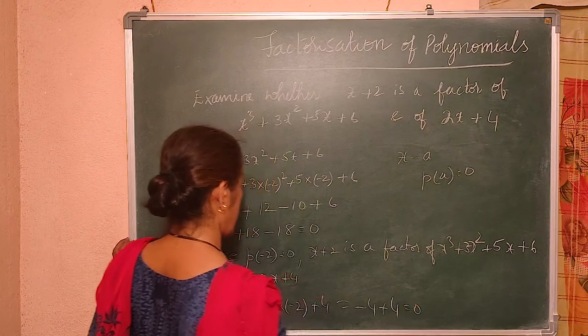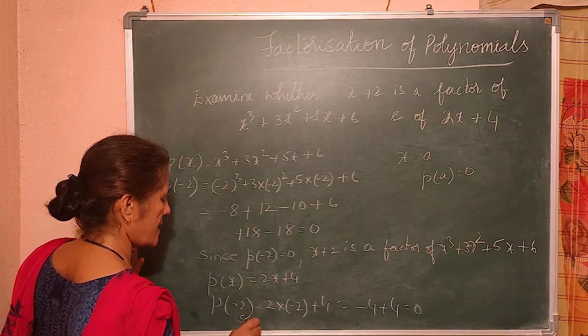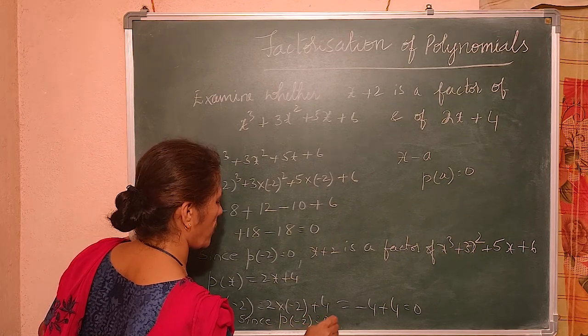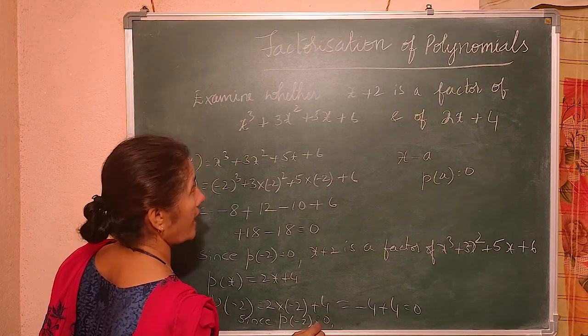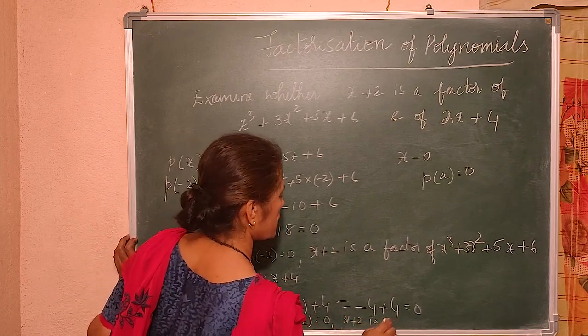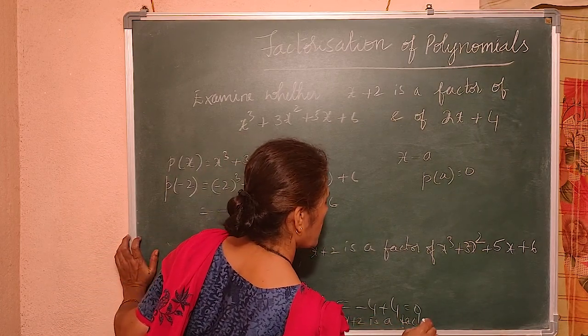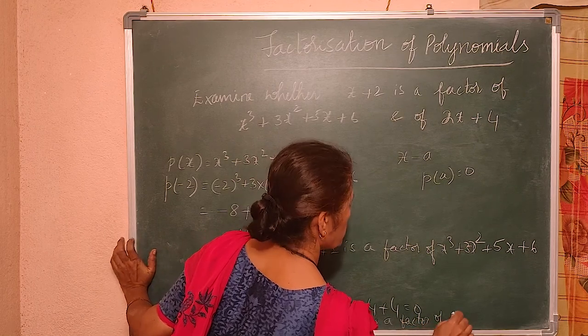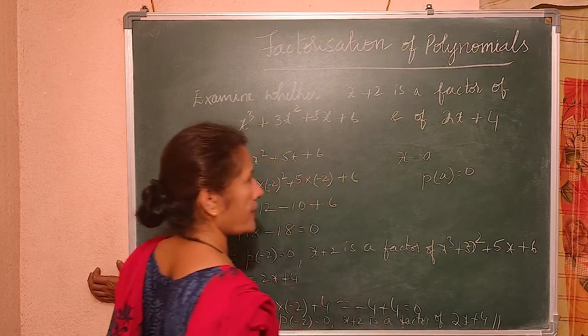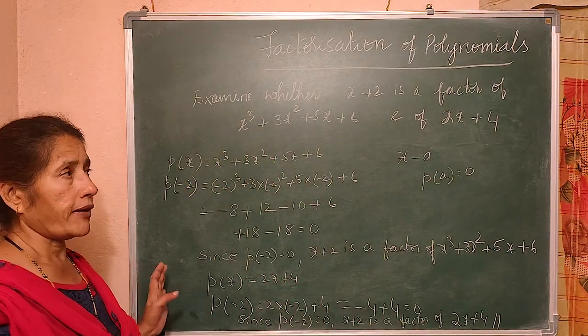How much? 0. Since p of minus 2 is equal to 0, what is that? x plus 2 is a factor of what? 2x plus 4. This is the answer. I hope you understood.